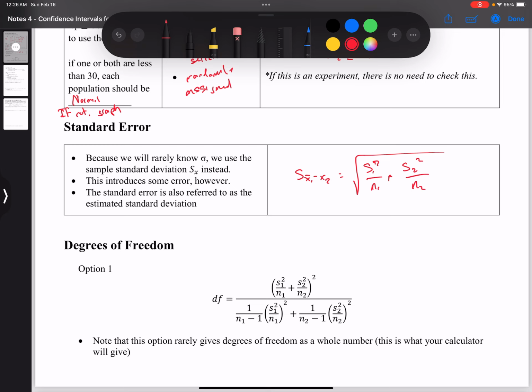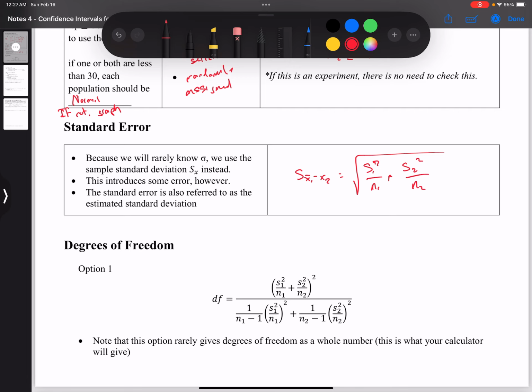I just want you to know that if you use your calculator to find your degrees of freedom, this is the formula it's using. It will rarely give you a whole number. You are allowed to use it, but I would never recommend calculating this by hand. If you're as typo prone as I am, you're 100% going to make a mistake with that formula. But this is what your calculator is using.